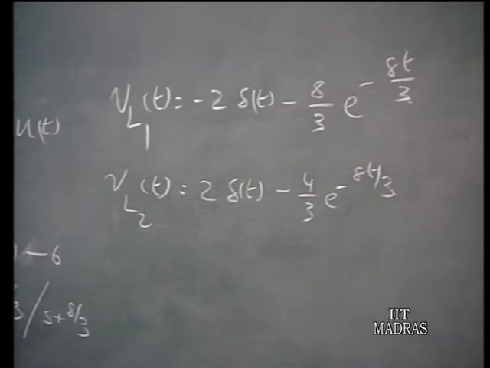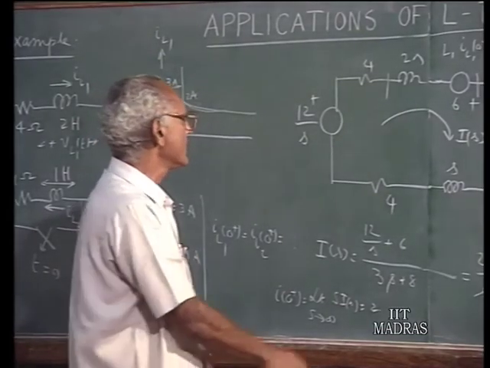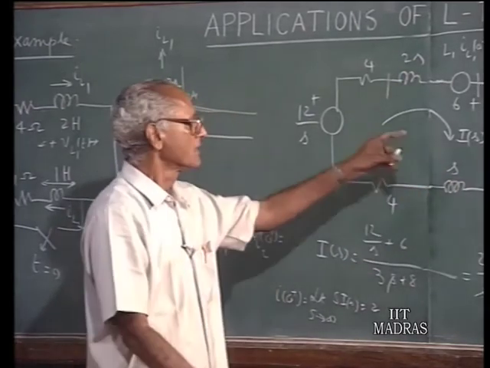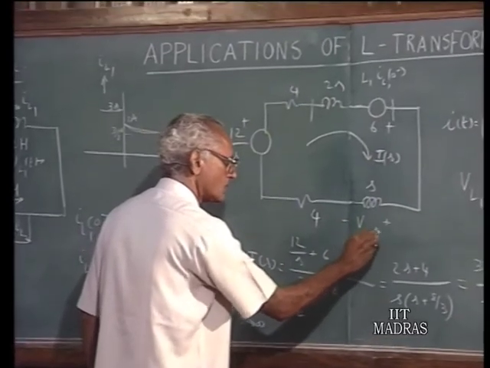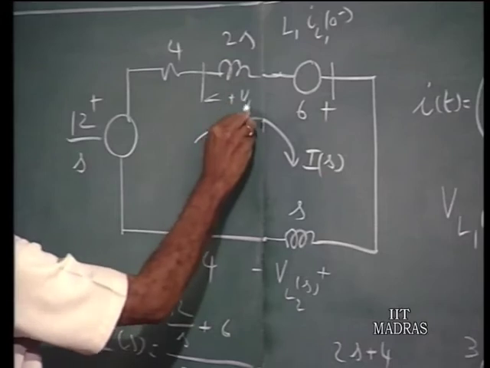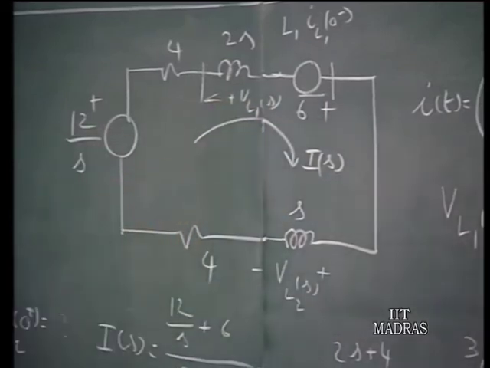Therefore, all the other voltages are finite, and the total Kirchhoff's voltage law is still satisfied, because the impulse voltage generated here is cancelled by the impulse voltage generated here, because this will be now VL2 of S, this is VL1 of S between these 2 points, and the sum of these turns out to be 0.